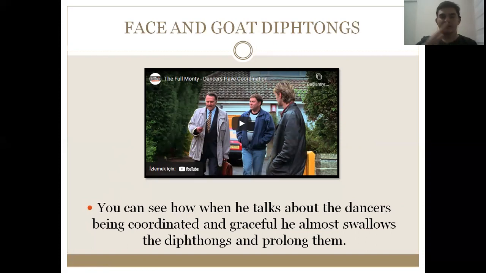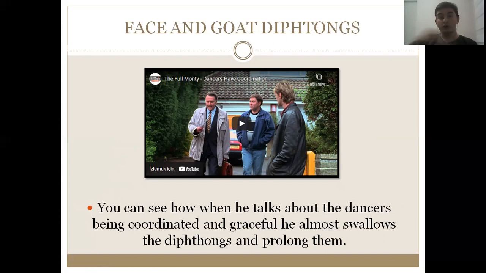When he wanted to say coordinated, he doesn't say it with the full glide. He starts with the A, but he doesn't go to the E. As another example, we have the word graceful.